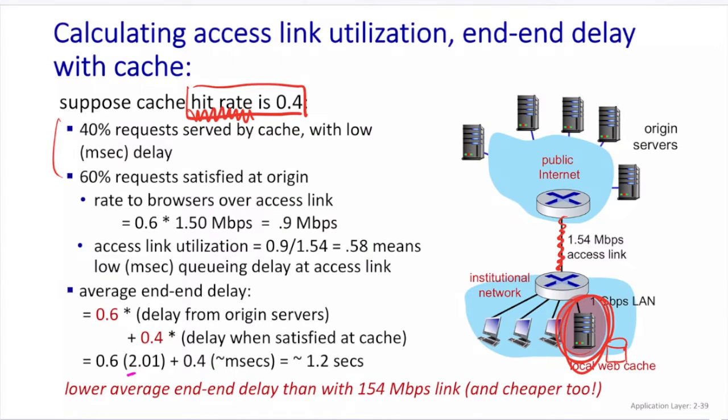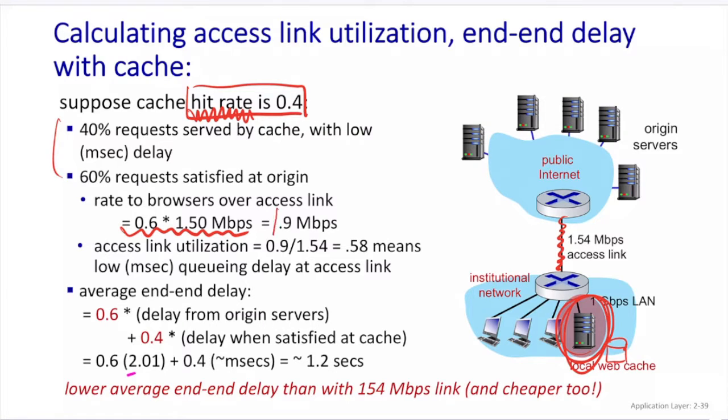So let's assume the hit rate is 40%. For 60% of the requests, they should go to the internet. On average, the original request rate is 1.5 megabit per second, but currently only 60% of the requests need to go through the access link.